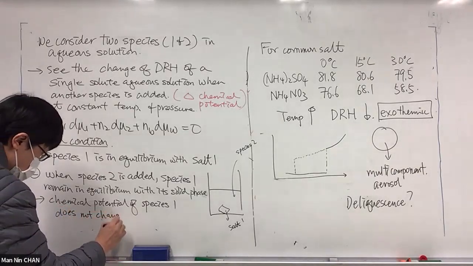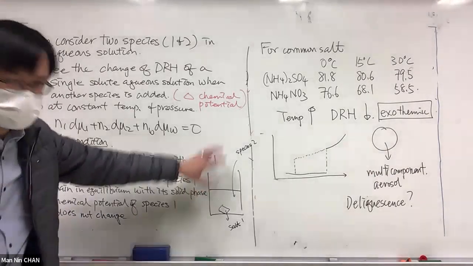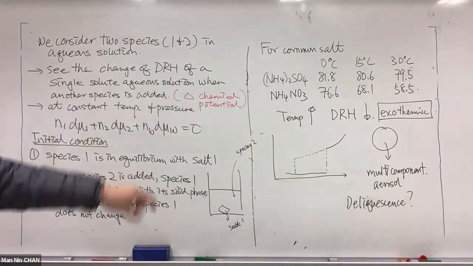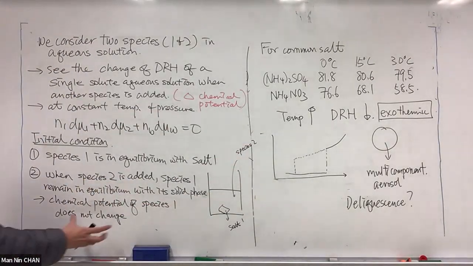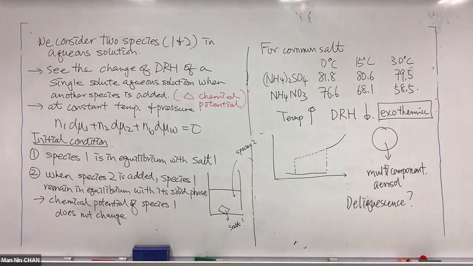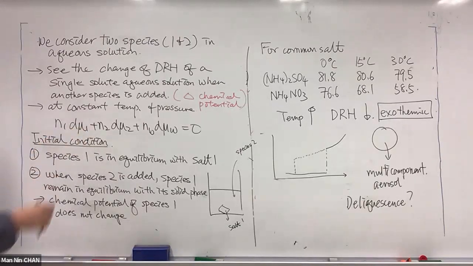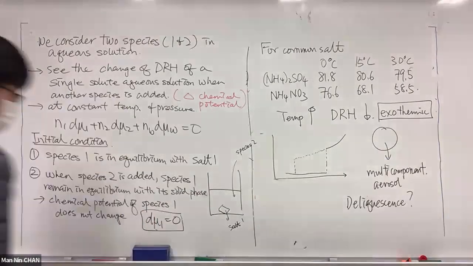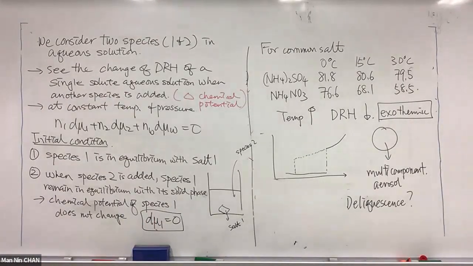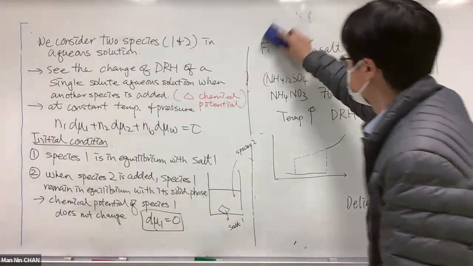We only add a very small amount of species 2 into the system, so you will not affect the equilibrium. So if you're okay with this argument, this term will be equal to 0, because your chemical potential will not change.